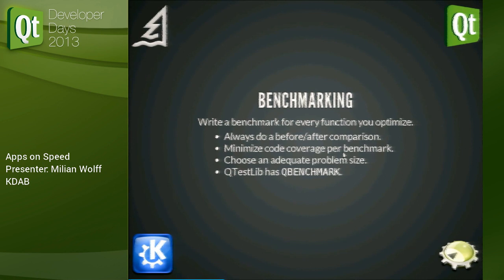And then you need to choose an adequate problem size. This means two things. Once, you need to make sure that the problem size you pick is representative for what your users later on will actually use in this function. And then you must make sure that the benchmark runs for at least, let's say, 10 milliseconds. Better let it run over 1 second.